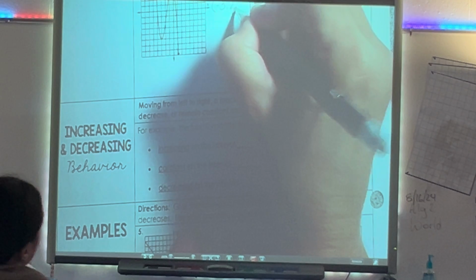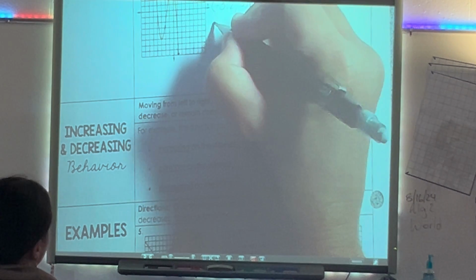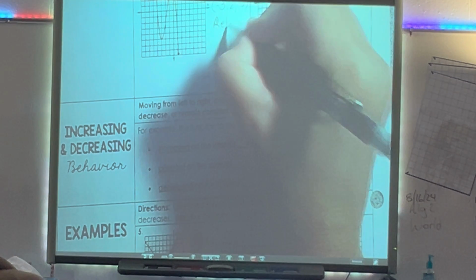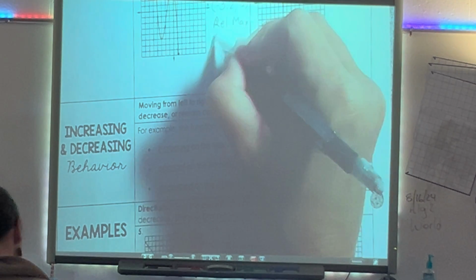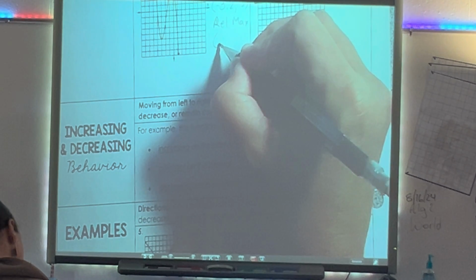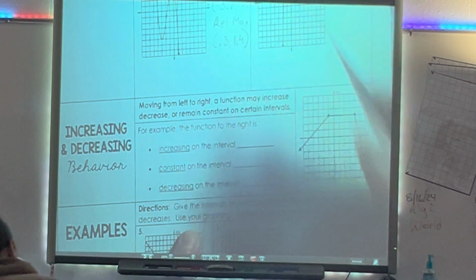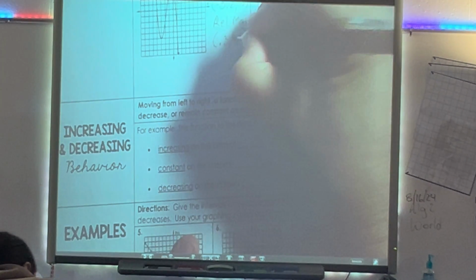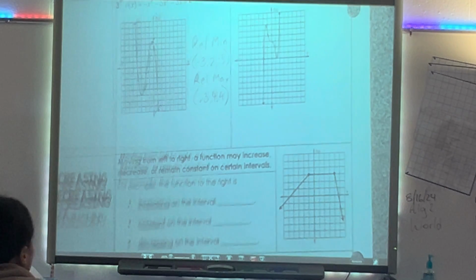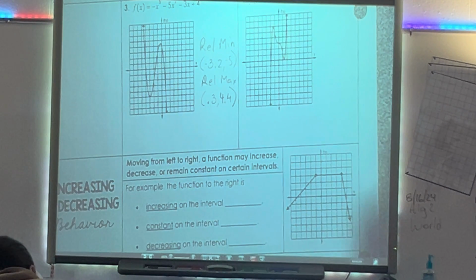Negative 3.2, negative 5, okay, and the relative max? Negative 0.3 and 4.4. 0.3 and 1.4? 4.4. Oh, 4.4. Sorry. Okay, everybody's decently comfortable with that, yes?